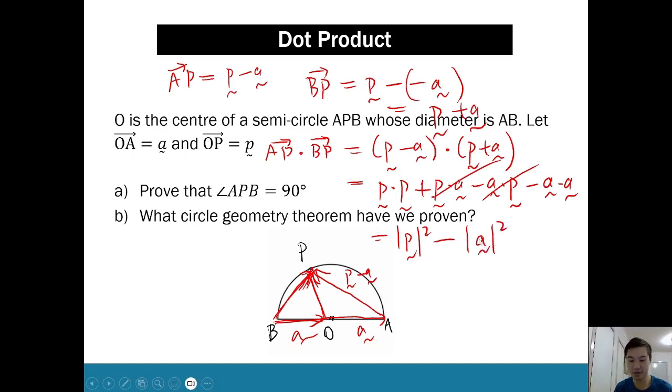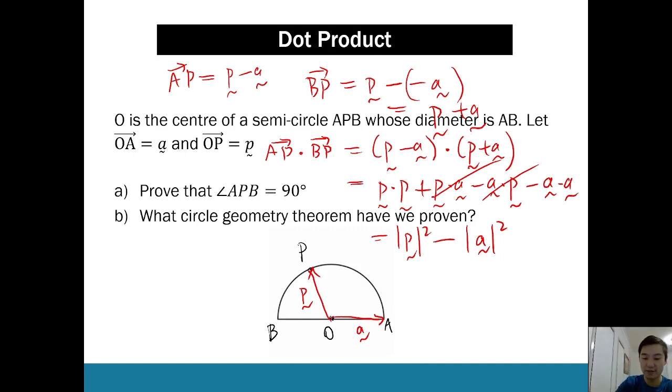So we have these two results now. But we notice this is a semicircle. If we go back to our initial vectors, OA is this vector here, and OP is this vector here. OP is also a radius of the circle. And the definition of a circle is all the points equidistant from the center, so all the radii are equal.